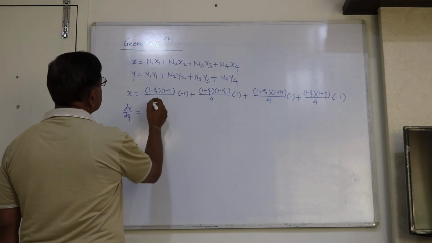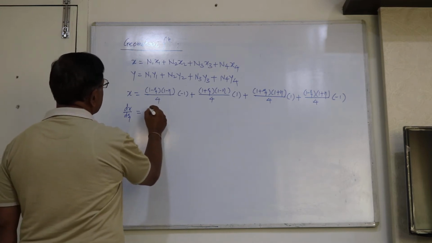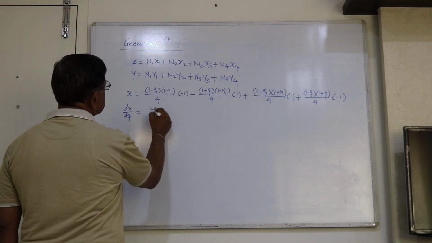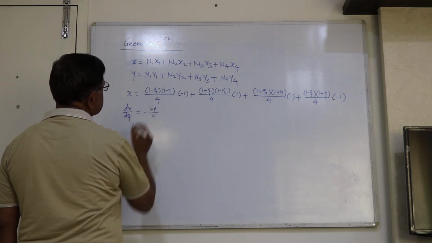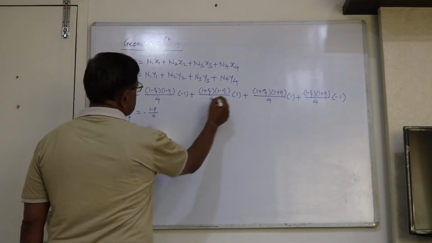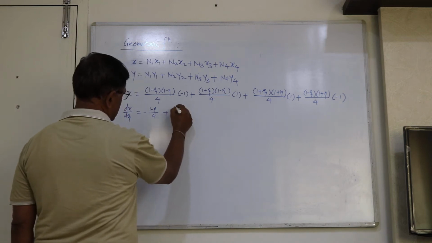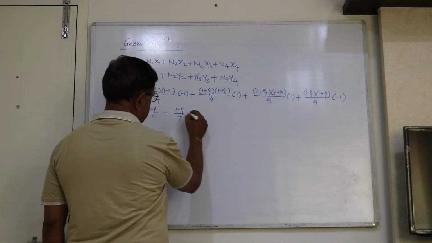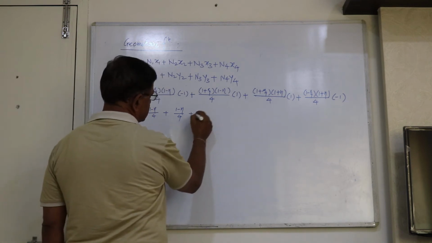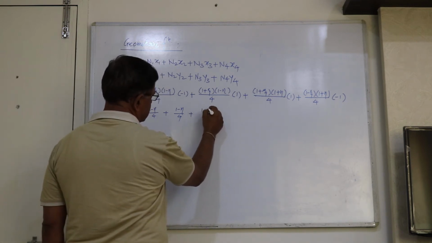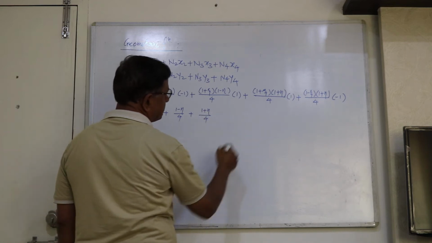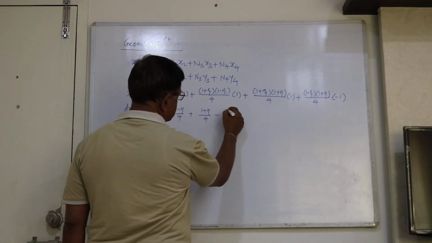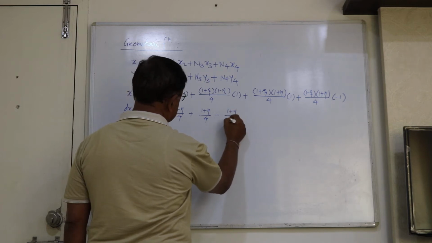So this is equal to (1 minus eta) divided by 4, this is negative, then this is plus (1 minus eta) divided by 4, this is plus (1 plus eta) divided by 4, and this is minus (1 plus eta) divided by 4.